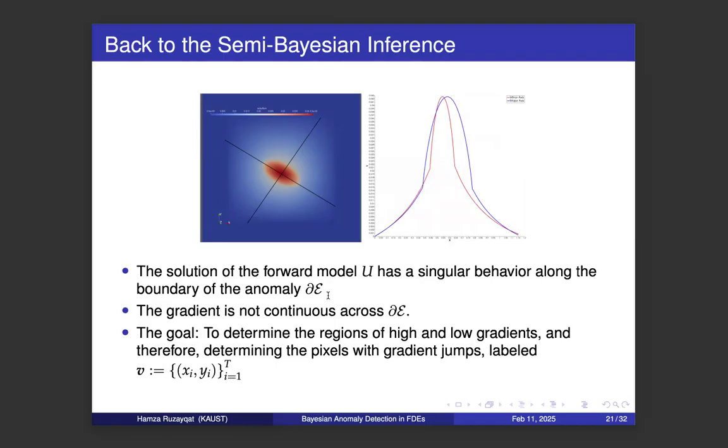So we take advantage of this in order to determine the regions of high and low gradients, and therefore determine the pixels with the gradient jumps surrounding the boundary. These will be labeled as (x_i, y_i) from i equal 1 to T, the number of pixels where you have a jump in the gradient.